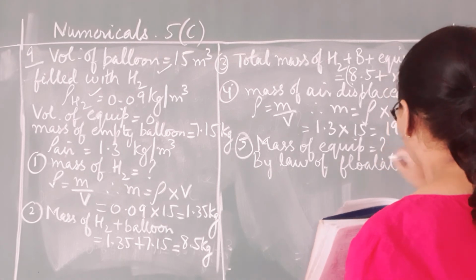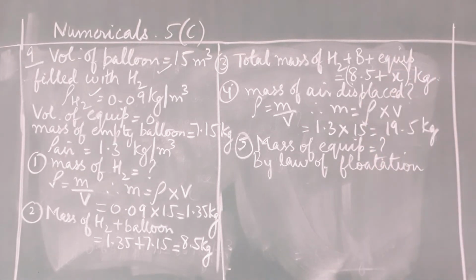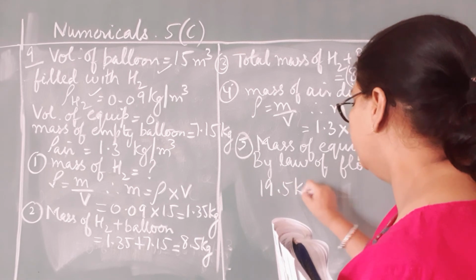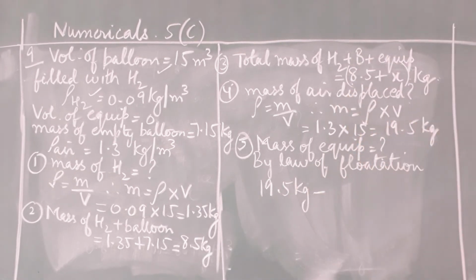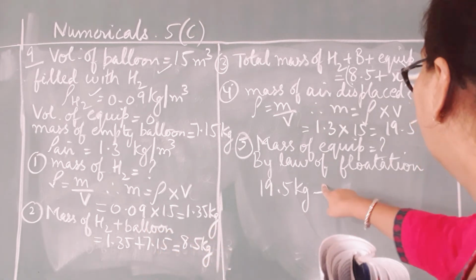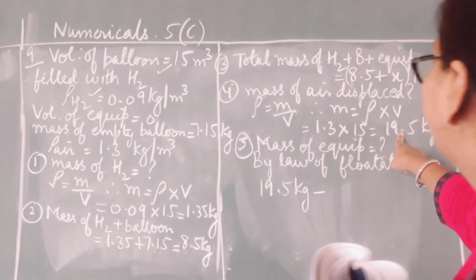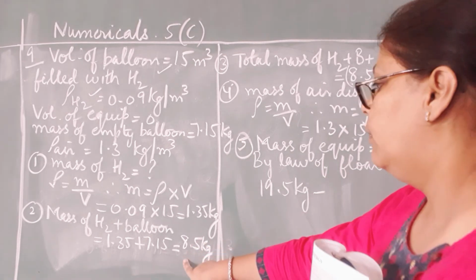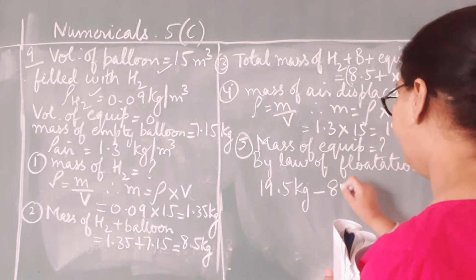Now here, if you remember, I had considered the mass of equipment to be X. But now if I use the law of flotation, I will take the mass of displaced air, that is 19.5 kg, minus the mass of hydrogen and balloon, that will be 8.5 kg.